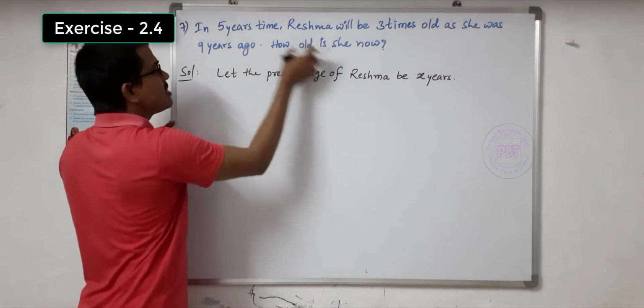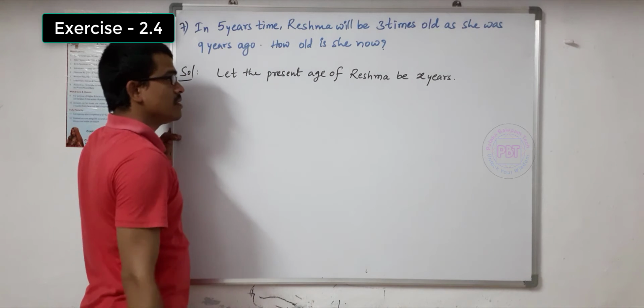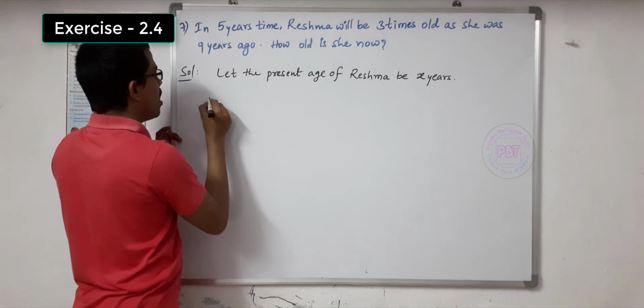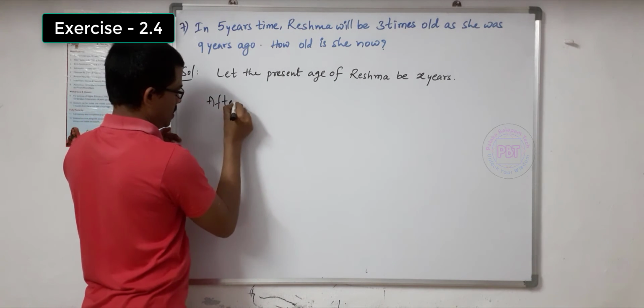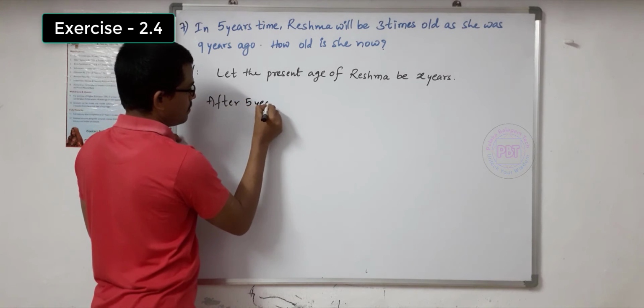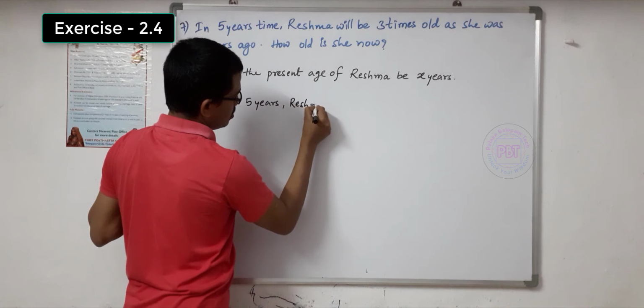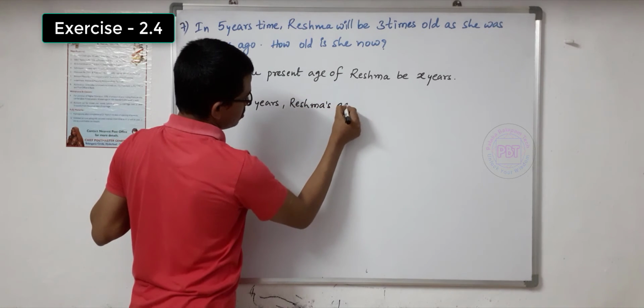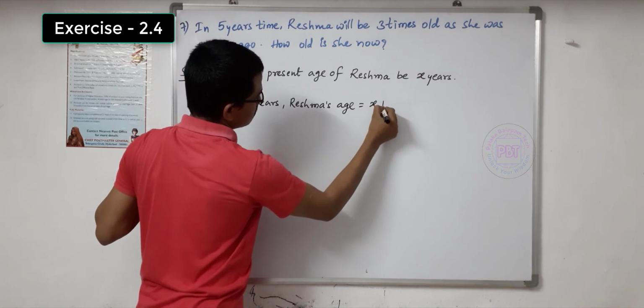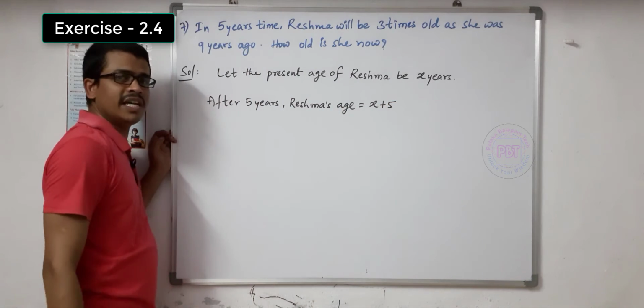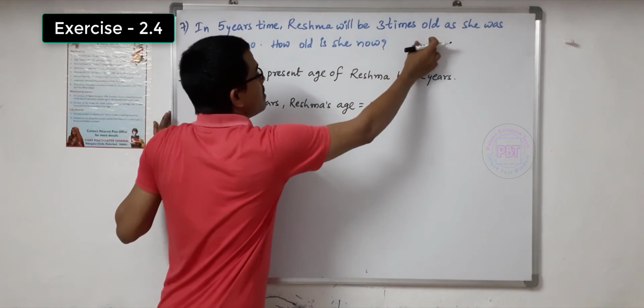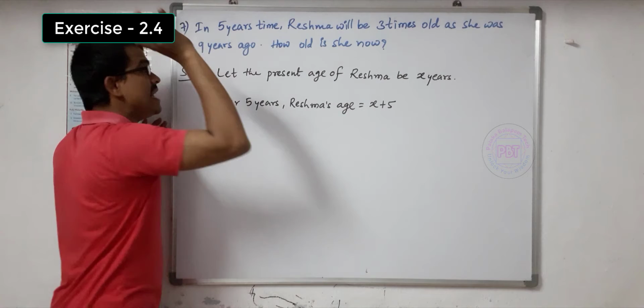Now in 5 years time, what is Reshma's age? After 5 years, Reshma's age equals x plus 5 years, isn't it? And 3 times as old as she was 9 years ago.